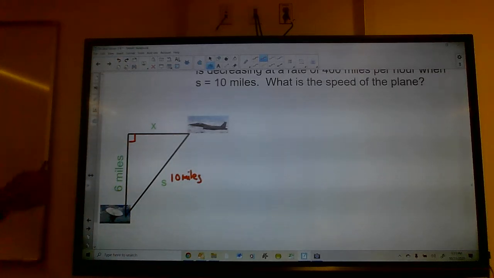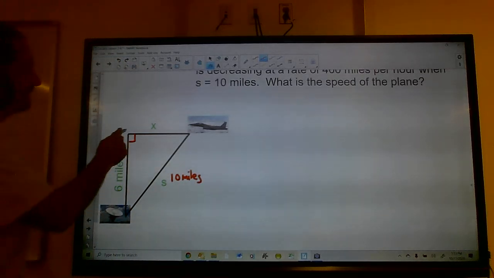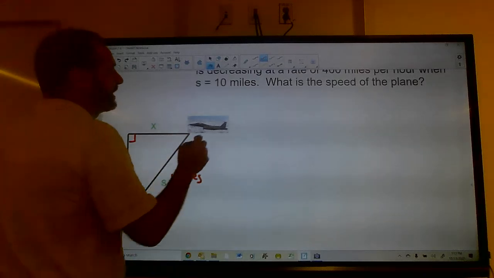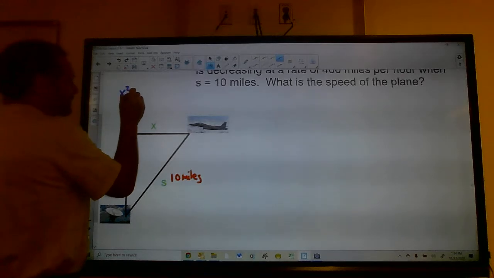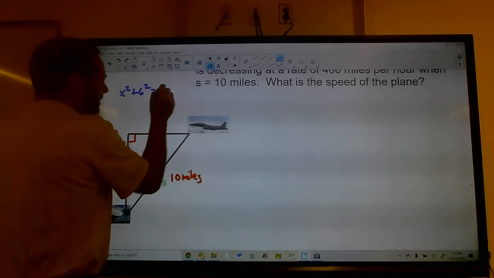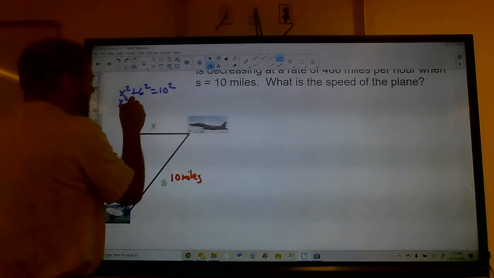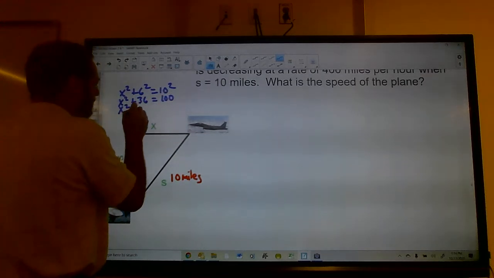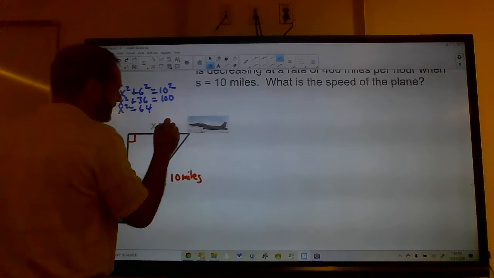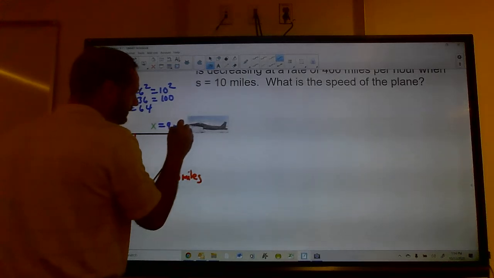Since we know that the height of the plane is 6 miles, we can figure out X using the Pythagorean theorem. So X squared plus 6 squared is 10 squared. X squared plus 36 is 100. X squared is 64, which tells me X is 8 miles.